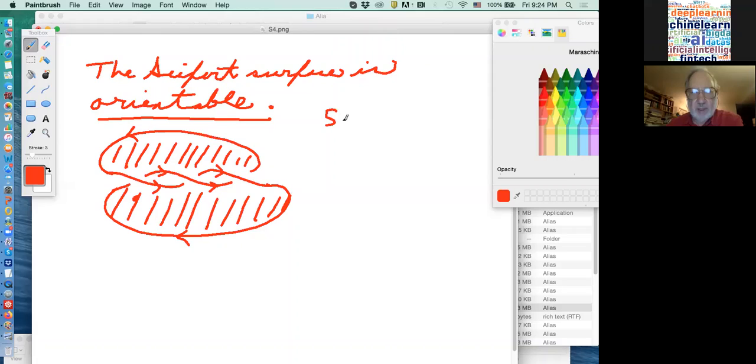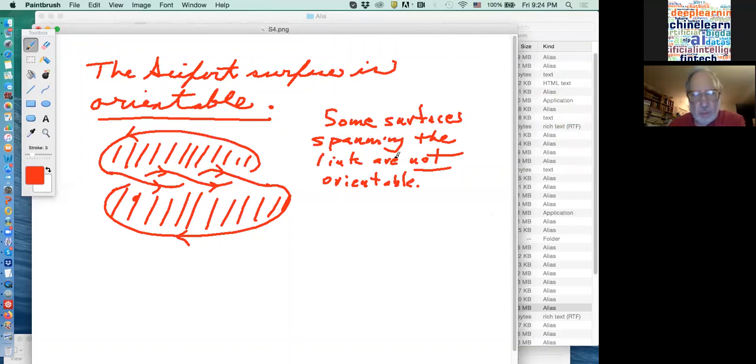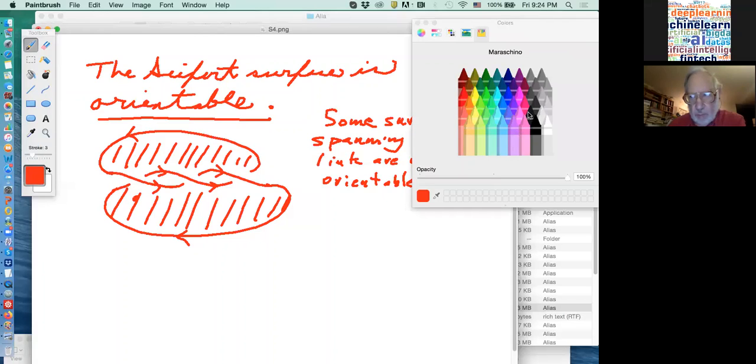Some surfaces spanning the link are not orientable. And may be interesting to study. For example, consider the trefoil knot again.